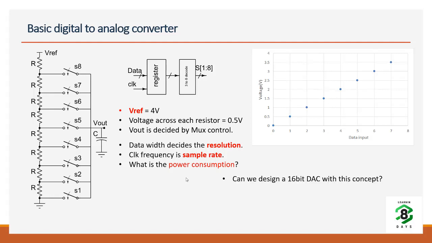Okay, so now the question is, can you design a 16-bit DAC with this concept? What are the limitations of this structure to extend the resolution to 16-bit? 16-bit means the number is 2 to the power 16, which is 16,000 plus. Now, can you have 16,000 identical registers in series and physically implement them?